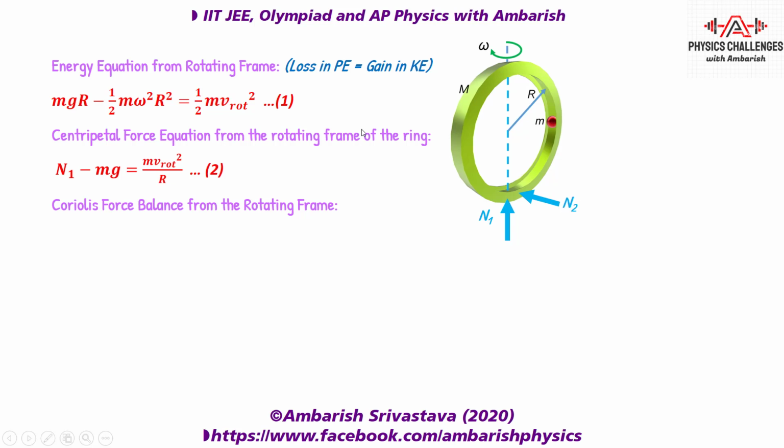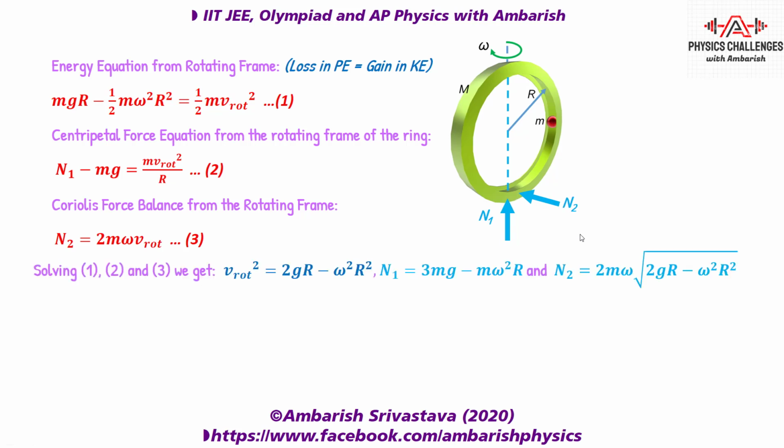To balance the Coriolis force, N2 is twice m omega v rotating. N1 and N2 are the two normal reactions, one from the base and the other from the side of the ring.